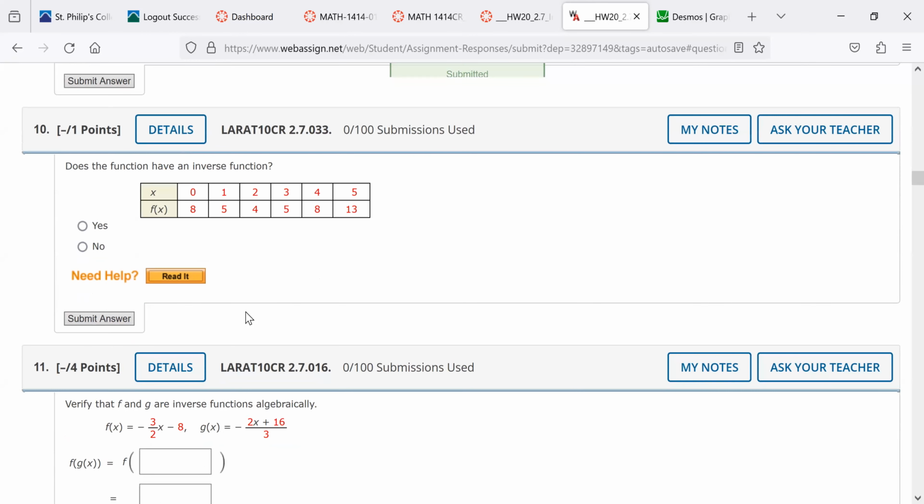Okay, does this guy have an inverse? No. Why not? Because the outputs repeat twice. Yeah.